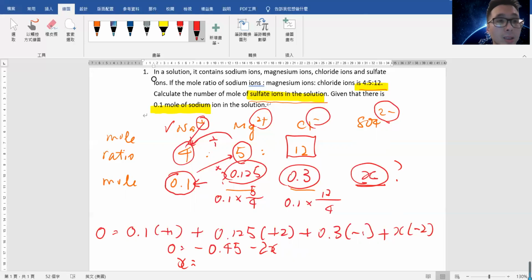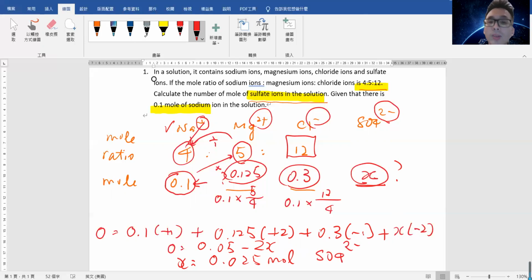Oh, sorry. Let's try again. Okay, 0.1 times 1 plus 0.125 times 2 minus 0.3. So it will be 0.05, which equals 2x. So x will be 0.025 mole. So that will be the number of moles of sulfate ions, okay?